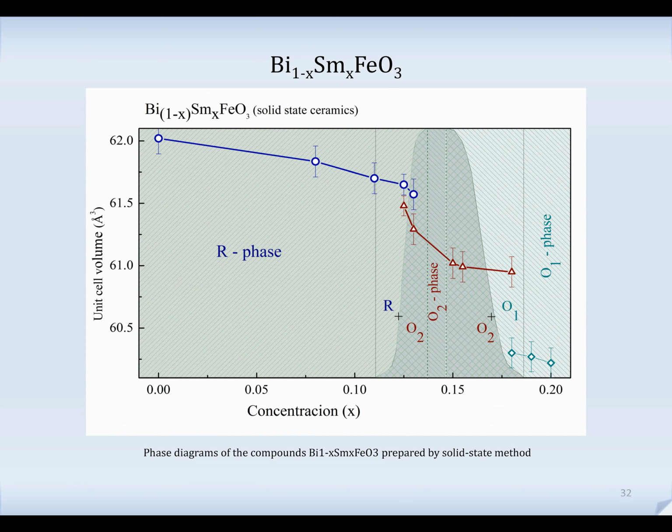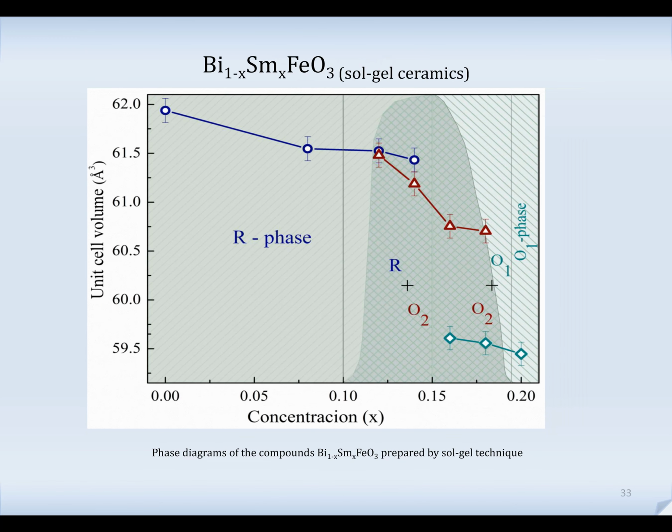This is understandable for us. For sol-gel compounds, we couldn't find this region. Everywhere we have a mixture, either R plus O2, or antipolar plus non-polar structure. So it wasn't possible to find a single phase compound with O2 phase.